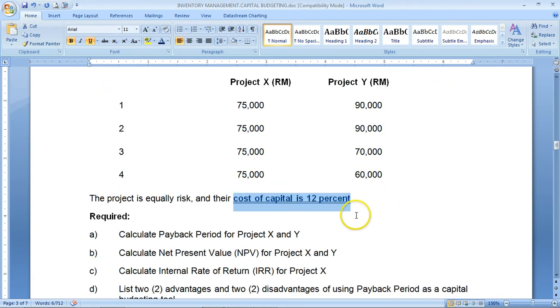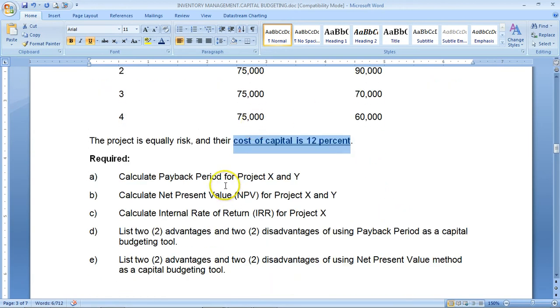First, what is the question? Calculate the payback period for X and Y, NPV for X and Y, IRR for X only, and list the advantages and disadvantages of using the payback period method, or the advantages and disadvantages of using net present value. For your assignment, this video only covers questions A, B, and C. Your duty is to do some research. Please read more and share with the class later: the advantages and disadvantages of using payback, and of using the net present value method.